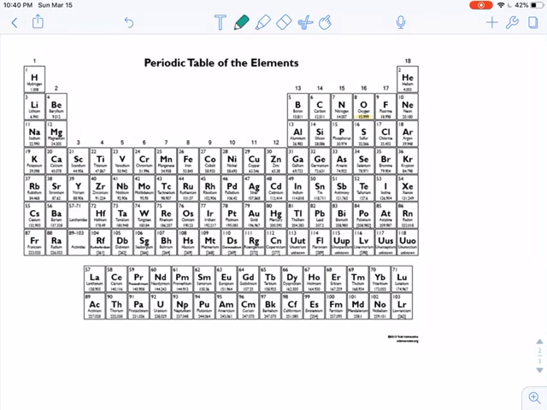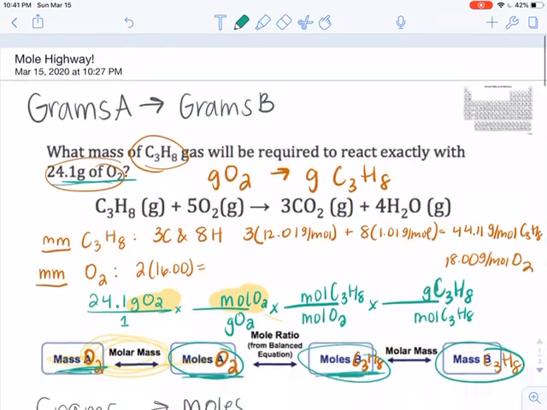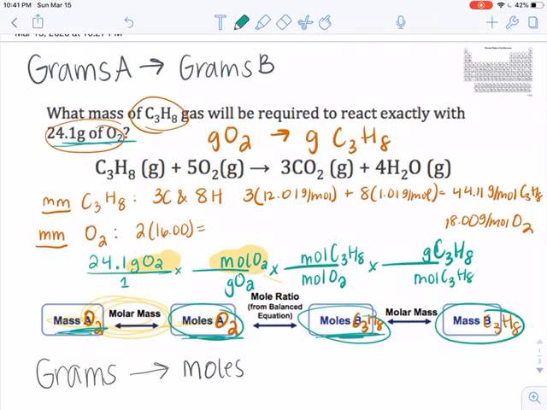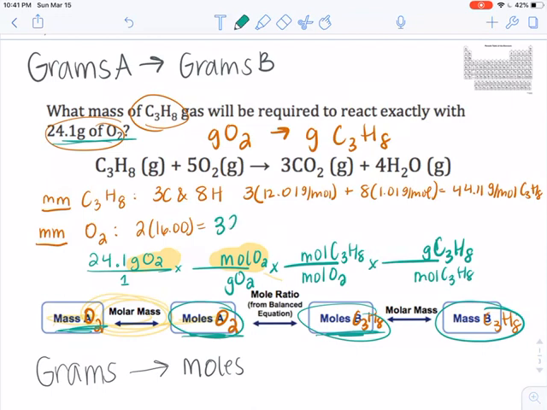So since in that case I wanted O2, I need 2 oxygens. That would be 2 times 15.99, or 2 times 16 is what I used, and that gives me about 32. Usually you'll do exact, but the periodic table of elements I used was 32. And I miscalculated that, so that should be 32 grams per mole.